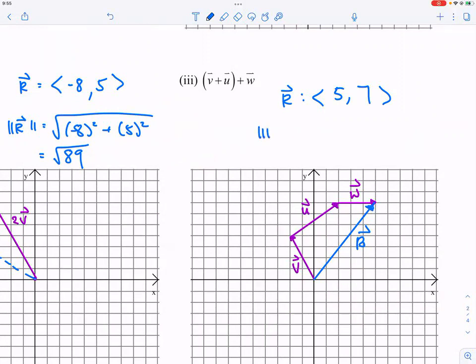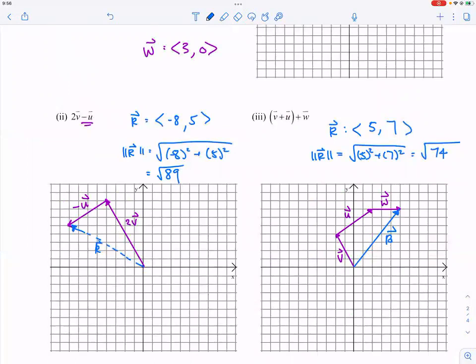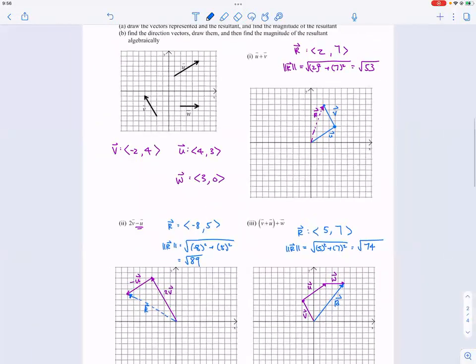So the resultant vector's magnitude is going to be 5 squared plus 7 squared, that is 74. The square root of 74 is the magnitude here. Okay, so easy.